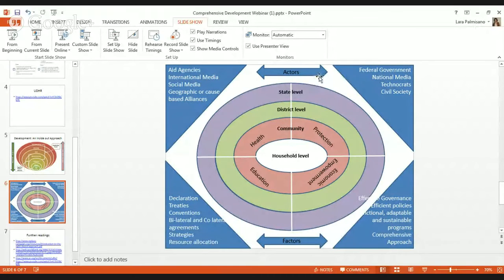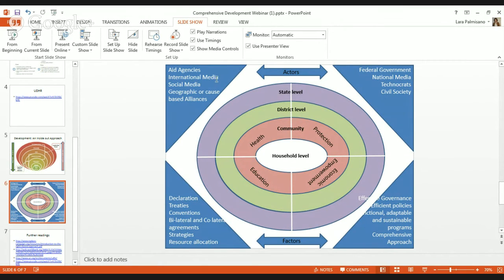Here we also look at the other actors, since every context is different. An aid agency cannot actually bring a concept of the African region to Latin America or the Asian region, because the context and the reality are different.